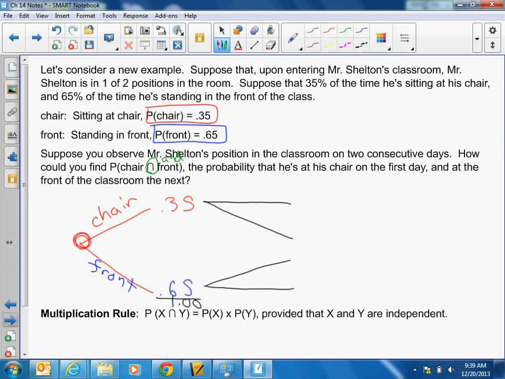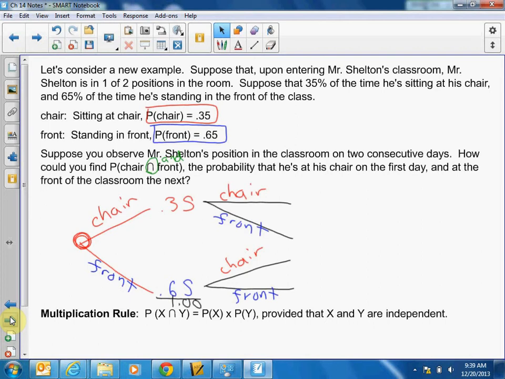Either I am at my chair, or I am at the front. I am at my chair, or I am at the front. Now, and this we can assume fairly, because me being at the chair one day does not affect whether or not I'm at the chair or the front the next day.